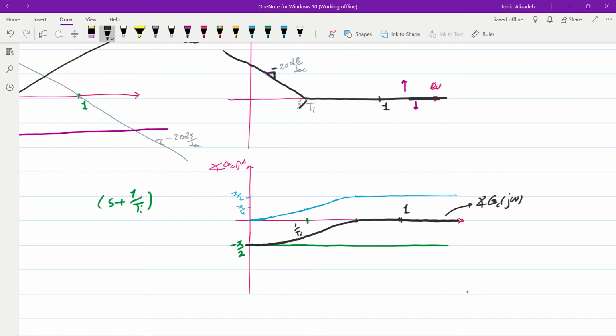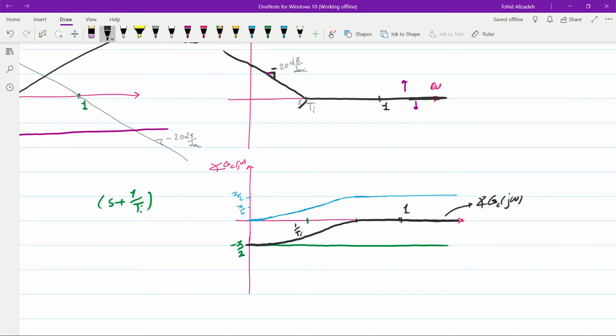We will add this slope of minus 20 dB per decade. And as the frequency gets smaller and smaller, the amplitude gets bigger. Indeed, the type of the system is increasing. And we are injecting some negative phase, but since it happens at the very low frequencies, it will be fine and it will not create instability problems, for example.